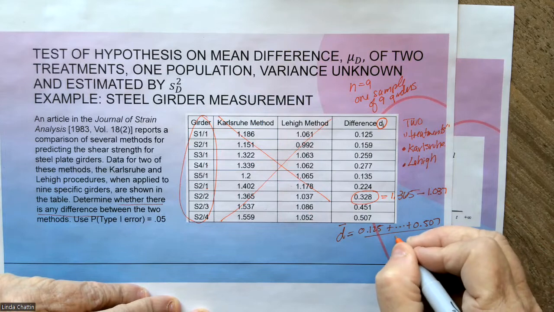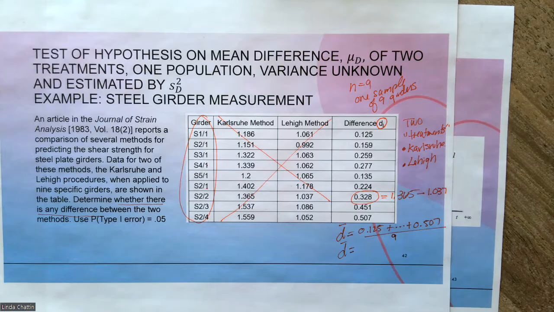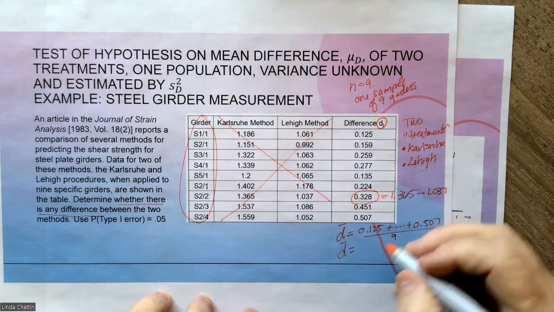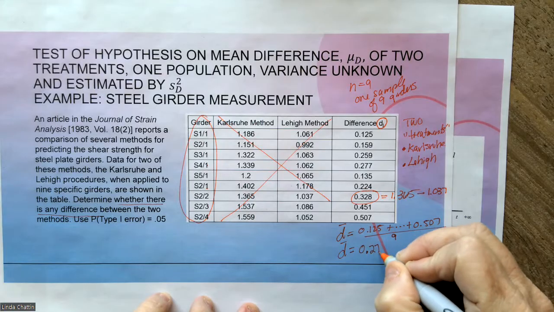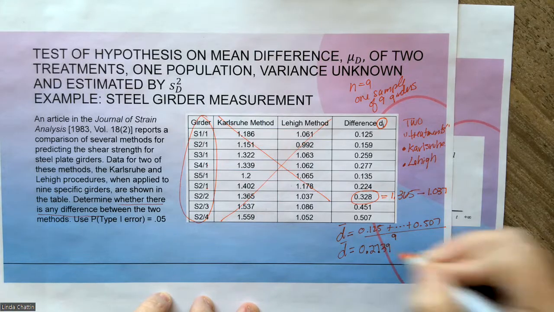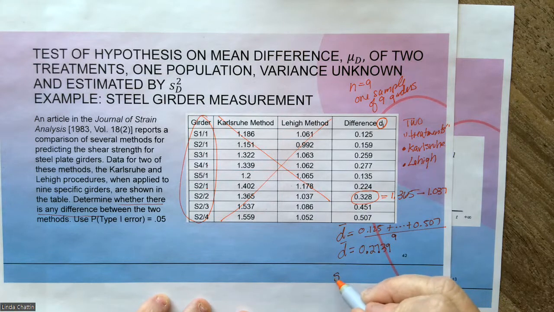Then I'm going to divide by n, and I'm going to see that D bar for this particular problem ends up being 0.2739.